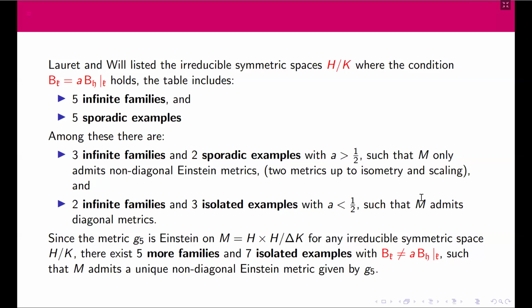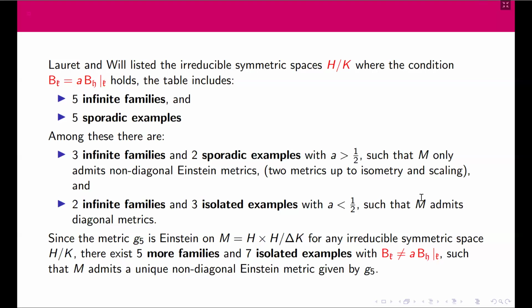Yes, I think it's going to be interesting, but we do not know if or which are the Einstein metrics in this case. We only have these diagonal metrics studied by Lauret and Will, but the computations are really hard. So we don't know if we are going to be able to find Einstein metrics or more Einstein metrics in those cases.